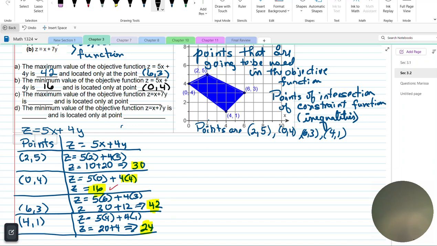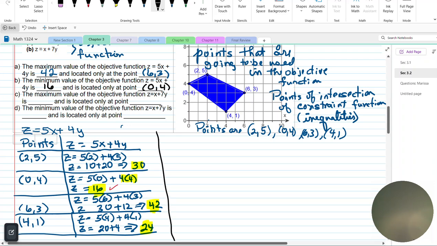So now the next objective. Notice we did all of the points for that objective function. Now z equals x plus 7y. So we're going to have our points, and then our z equals x plus 7y. We're going to do the (2, 5).